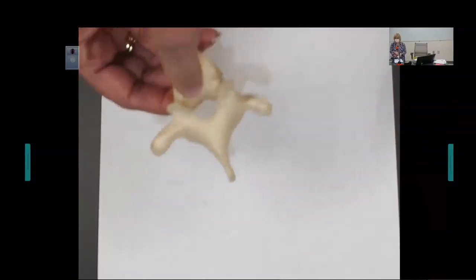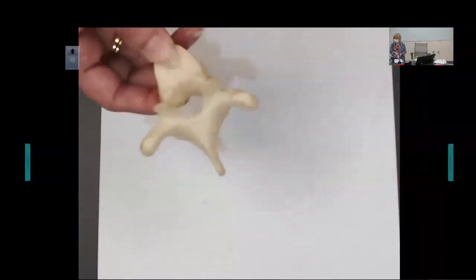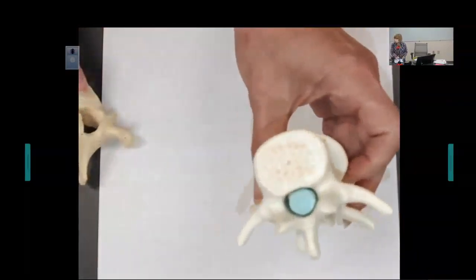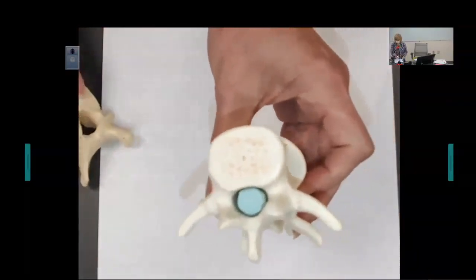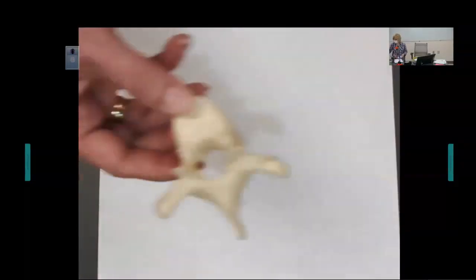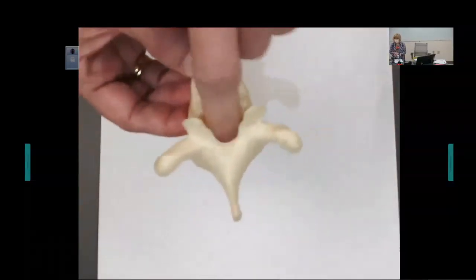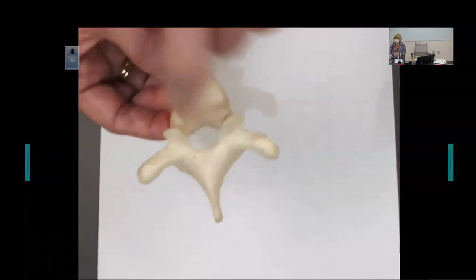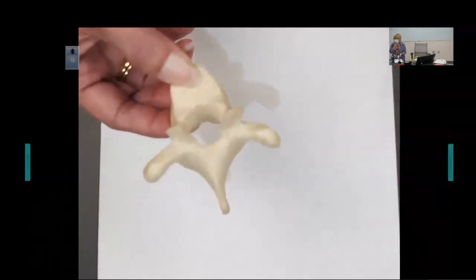Your spinal cord's going through there. That's it, because your vertebrae are all sitting there. There's one. Can you see it? This is some lumbars. That blue thing that you're seeing there, that's your spinal cord going through there. Okay, so it's a hole. This is called your vertebral foramen. Vertebral foramen is the hole that's in the middle of the vertebra.